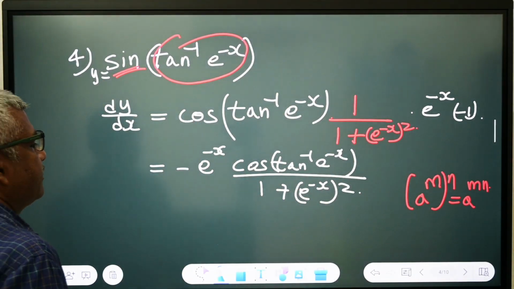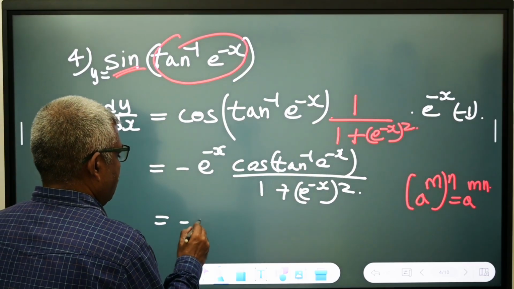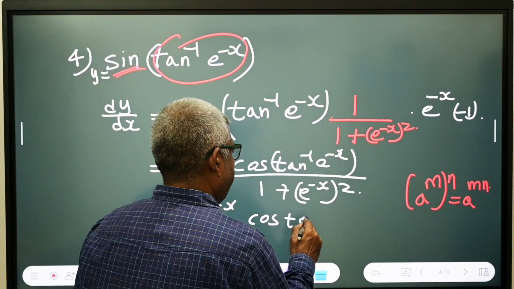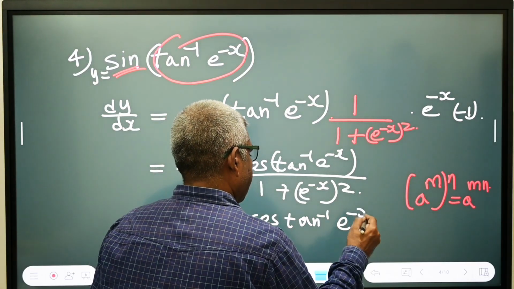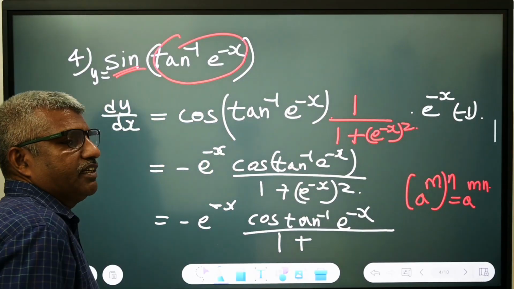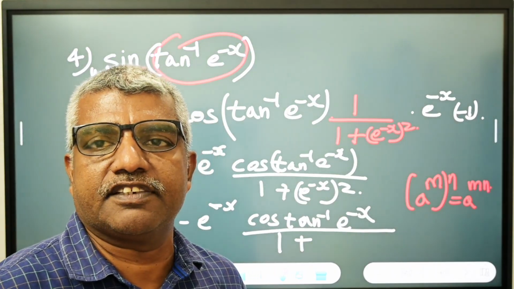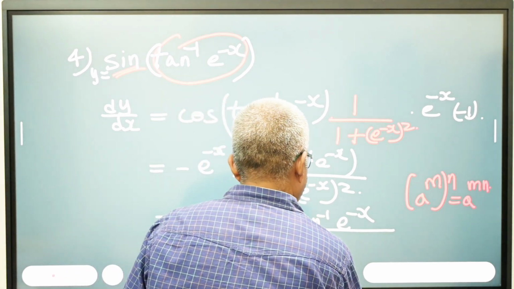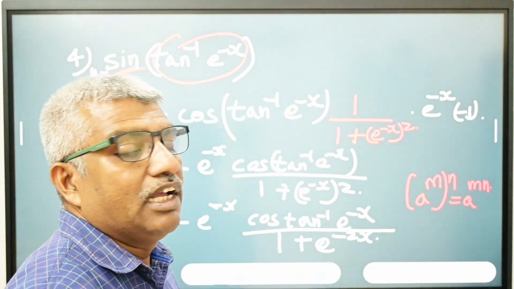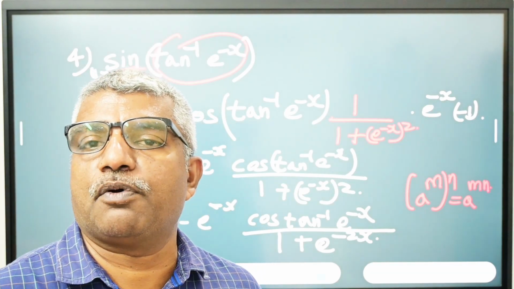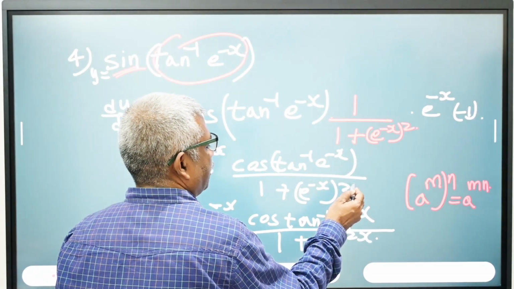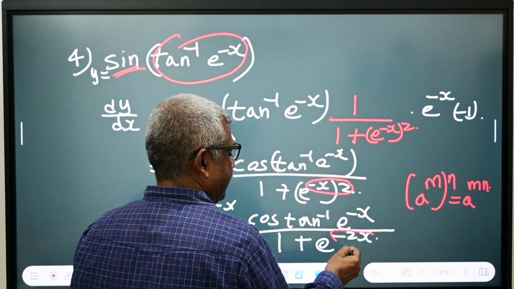So minus x times 2 is e power minus 2x. The answer is minus e power minus x cos tan inverse e power minus x divided by 1 plus e power minus 2x. Don't do e power minus x times e power minus x as e power plus x squared, no. This is just multiplication of powers. Take care.